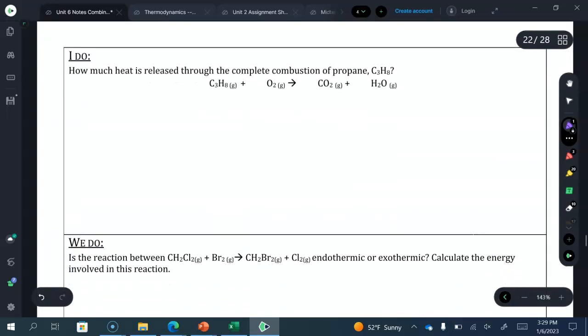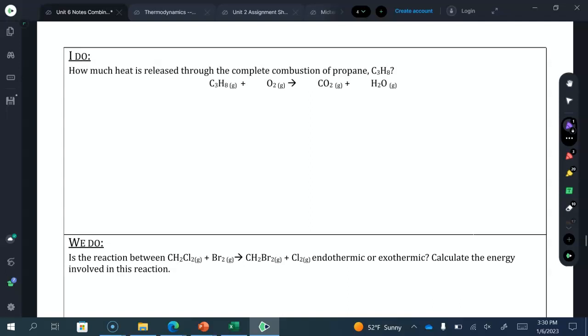Okay, so looking at this, we are going to go over the steps using these concepts and look at some practice problems. So how much heat is released through the complete combustion of propane? Your first step is not to draw them out yet.